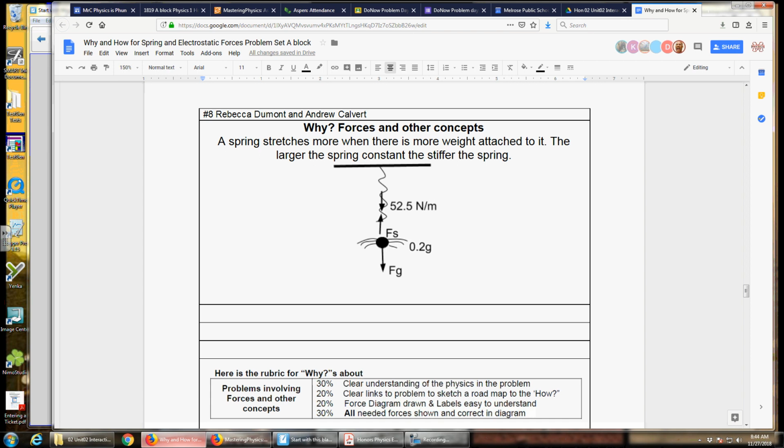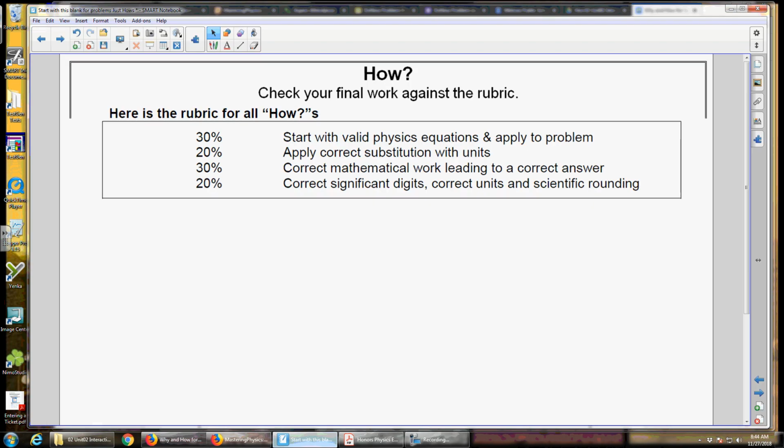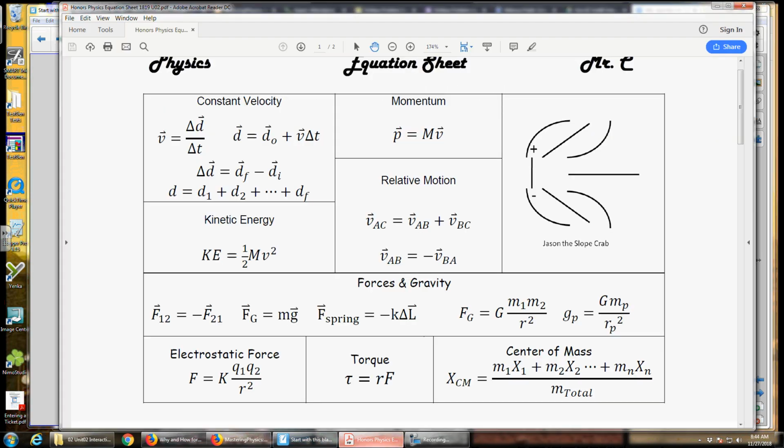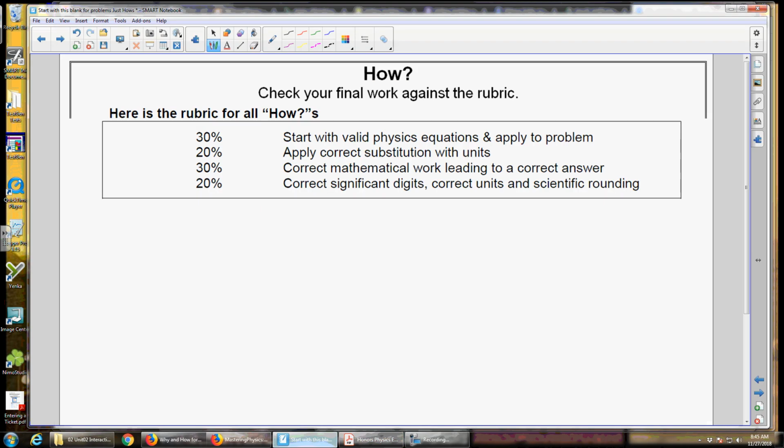Equations I'm going to grab from the equation sheet are my equation for the spring and the weight.